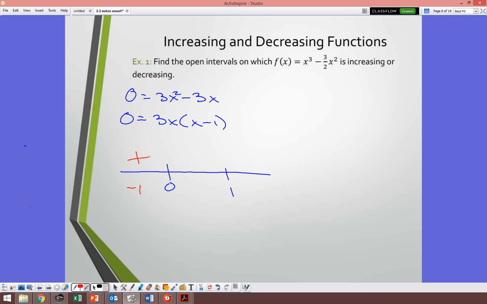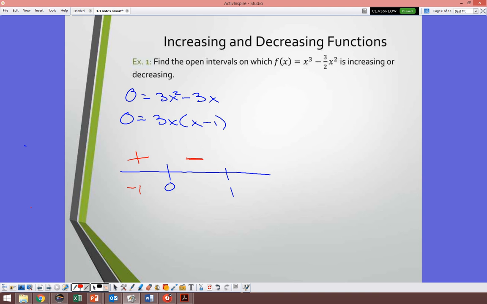All right, pick a number in between those. 0.5, so 1/2. This is 3/2, right? And this one's going to be negative 1/2, right? So it's a positive times a negative, which gives me a negative here.